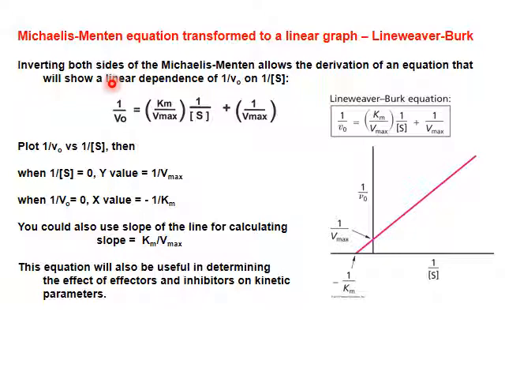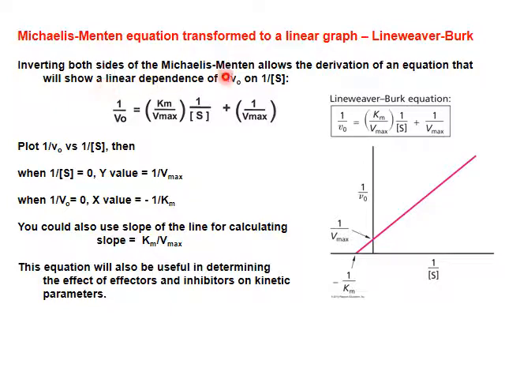So researchers 50, 60 years ago decided, well, let's make linear plots that were mathematical transformations of these hyperbolic functions and use linear plots to help us determine Kcat, Km, and Vmax, because linear regression is easier to do than nonlinear regression analysis.